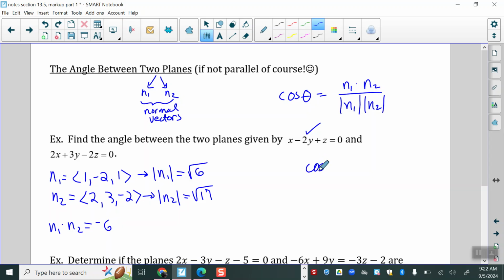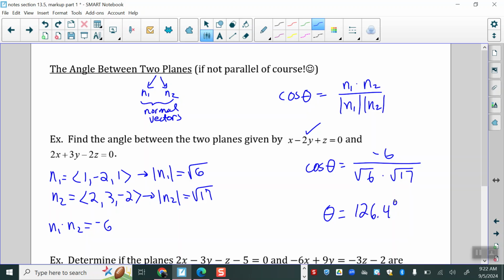Cosine theta equals negative 6 on top, and on the bottom the square root of 6 times the square root of 17. You can type it in your calculator this way, either way, and then go back and get your angle. That comes out to 126.4 degrees.